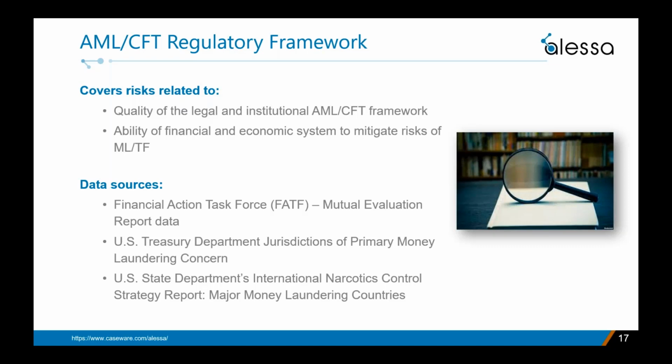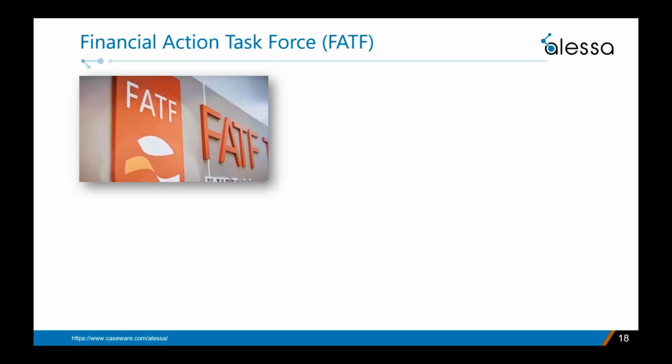And the third is whether a country is designated as a major money laundering country in the U.S. State Department's annual INCSR, or International Narcotics Control Strategy Report, which is quite a mouthful. Now, two of these factors are used in the Basel AML Index for this category, and all three are what I used in my country risk scoring model.